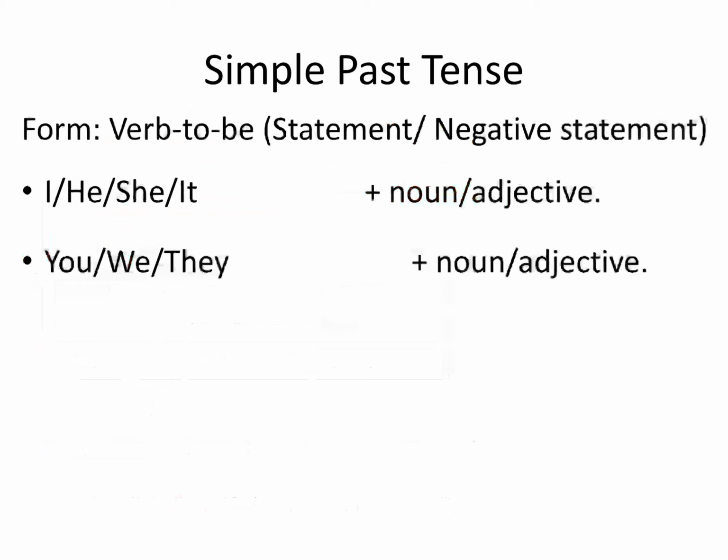However, when the verb is a verb to be, we do not add did or did not before the verb to be, like what the previous slides mentioned. Instead, we just simply change be to was or was not when the subject is I, he, she, or it, and change be to were or were not when the subject is you, we, they.